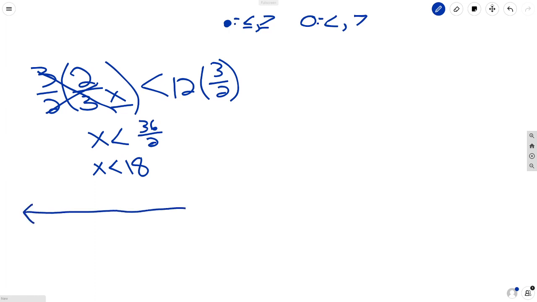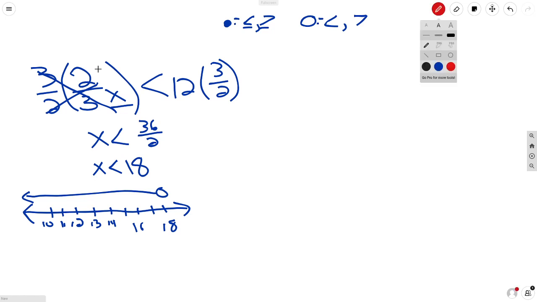So if we wanted to graph that on a number line, say 10, alright, we have an open circle because 18 is not included. And then every single number that's less than 18.